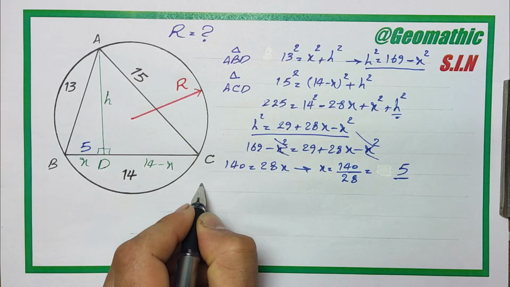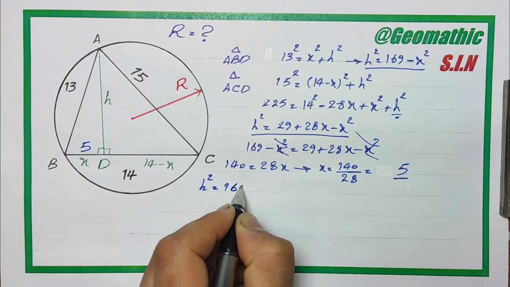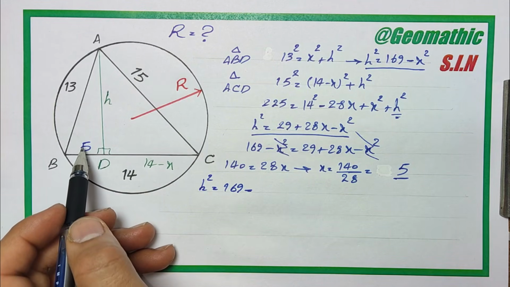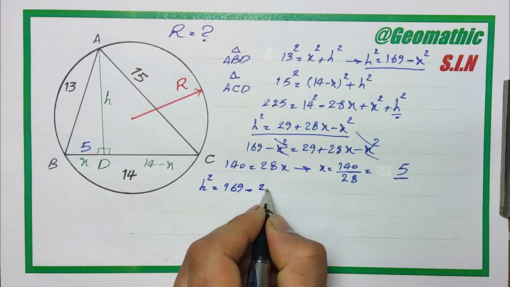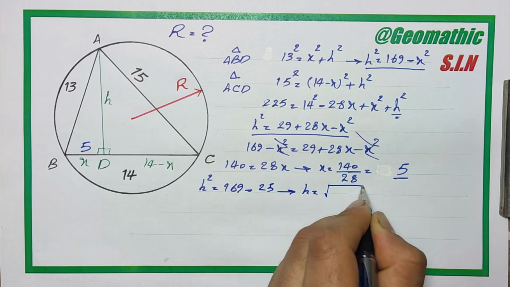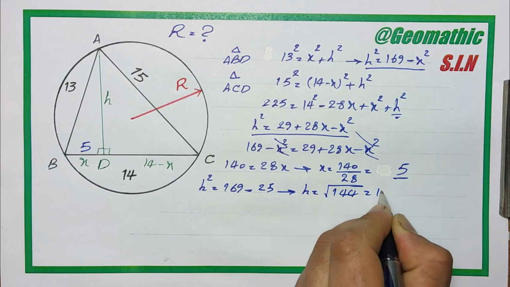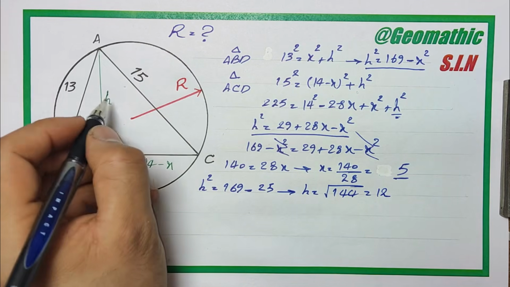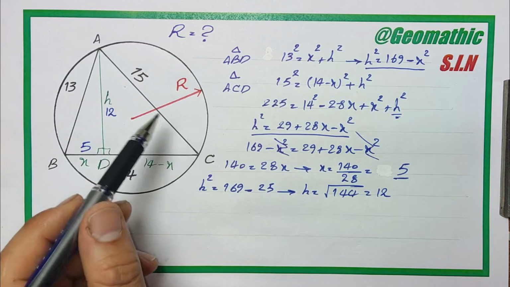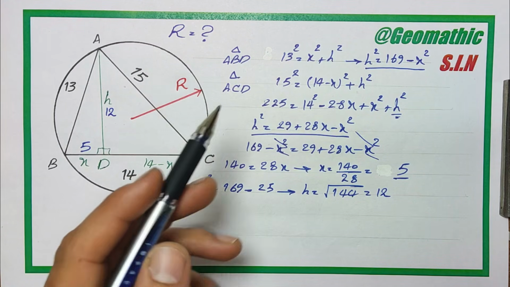So h squared equals 169 minus x squared, that is 169 minus 25, then h equals the square root of 144, which is equal to 12. Now we have found the height, but the question asks for the radius of the circle. So our work isn't over yet.